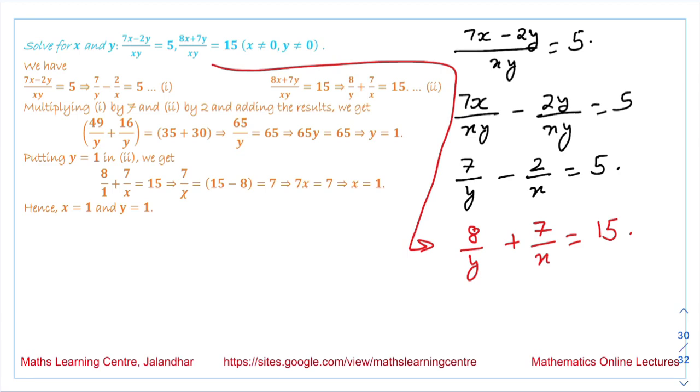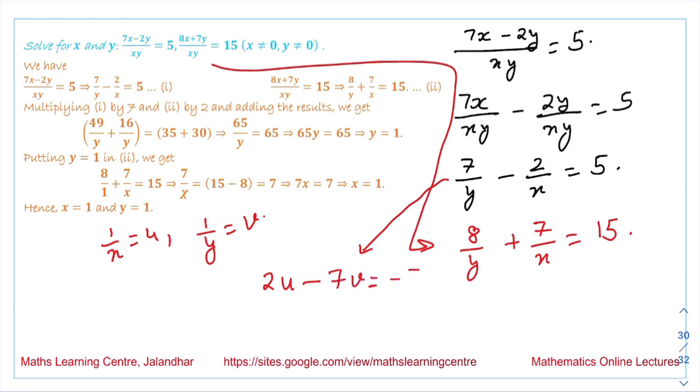So to solve these equations, again we substitute 1 by x is equal to u, 1 by y is equal to v. So the first equation will become 2u minus 7v is equal to minus 5. The second equation will become 7u plus 8v is equal to 15.